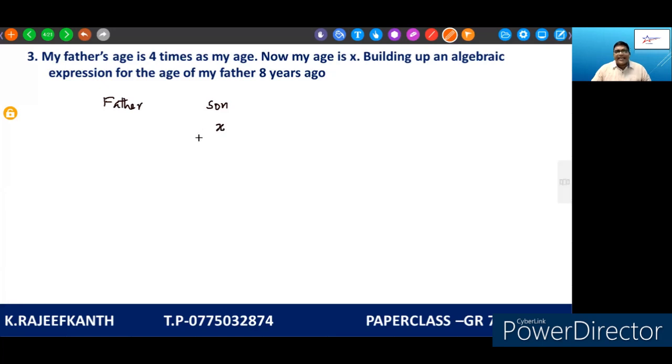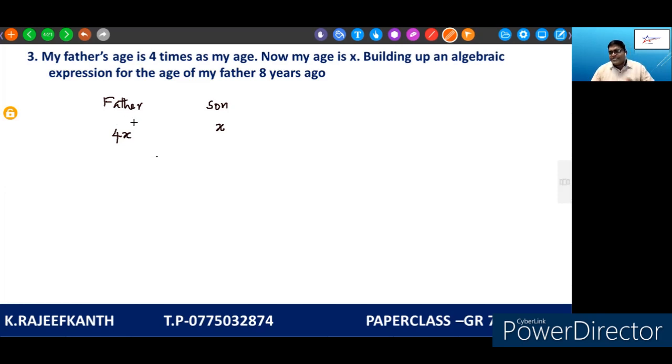My age is x. So what will be the father's age? Here 4 times my age, then the father's age should be 4x. That means 4 times x, that is 4x. If my age is x, then the father's age will be 4x.